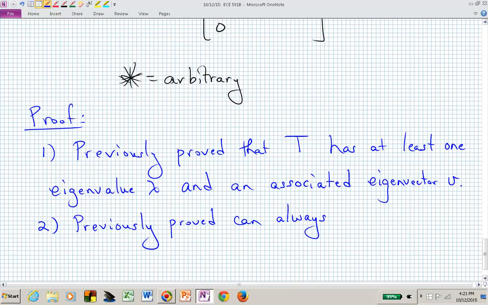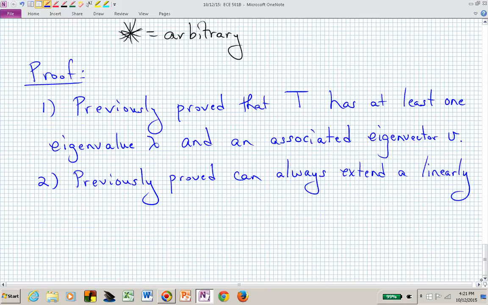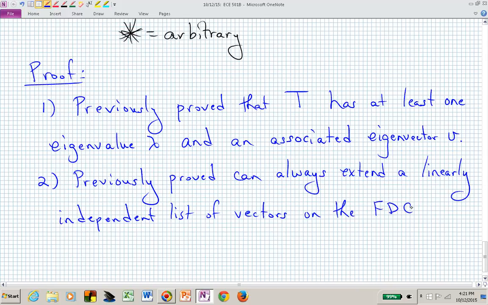We can always grow this list of linearly independent vectors far enough to make them a basis. So we previously proved we can always extend a linearly independent list of vectors on this finite dimensional complex vector space.